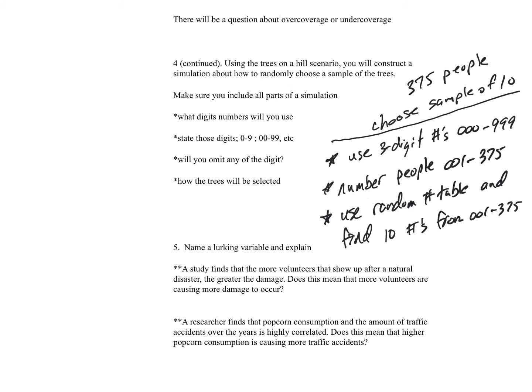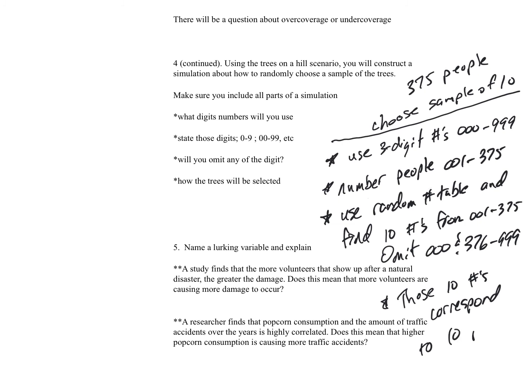You are going to omit 000 and 376 to 999. Those 10 numbers correspond to 10 people.